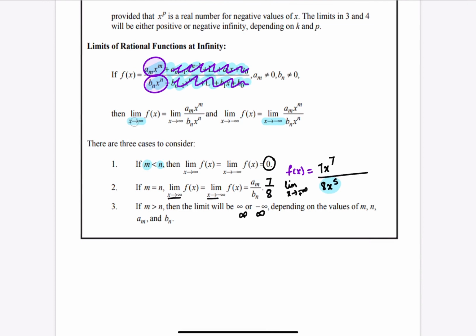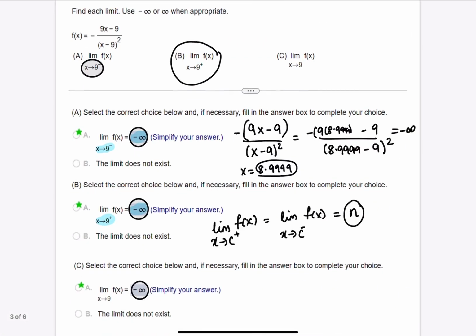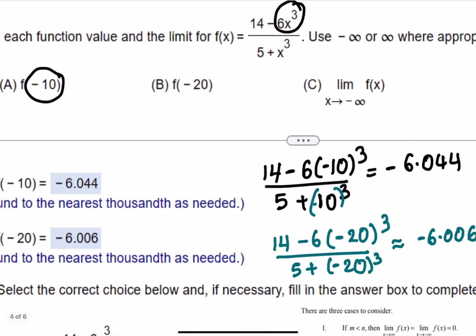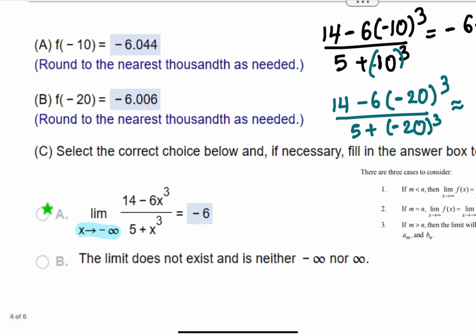When the limit x approaches positive or negative infinity for a rational function, you only consider the leading term. Here it's approaching negative infinity, so I will not be considering this term, and I will not be considering this term. The only terms that I take into consideration are negative 6x cubed and x cubed.